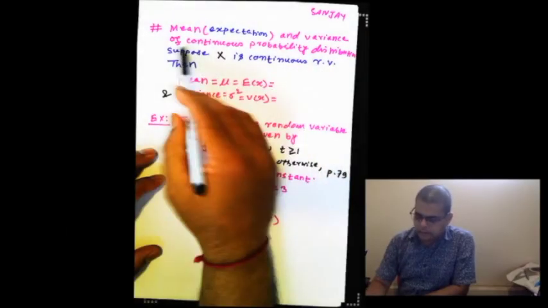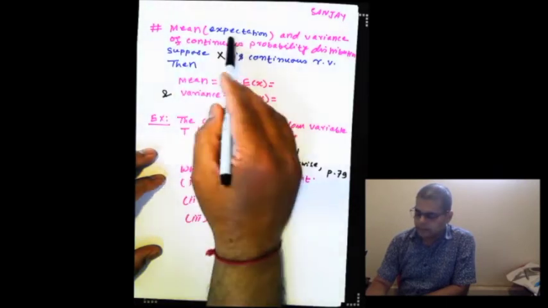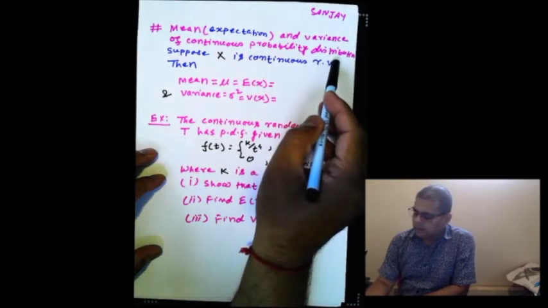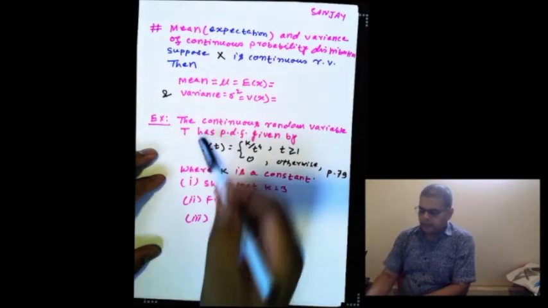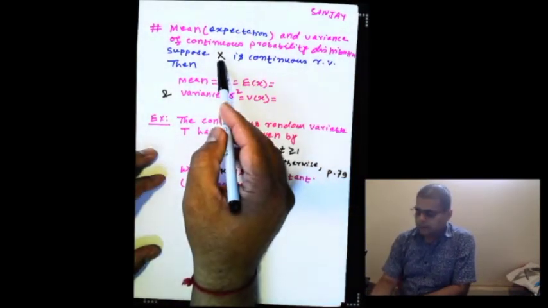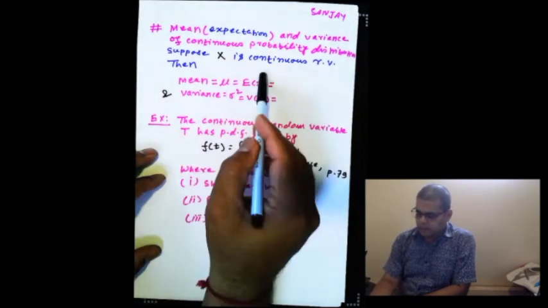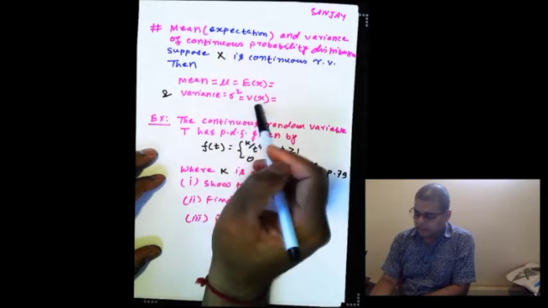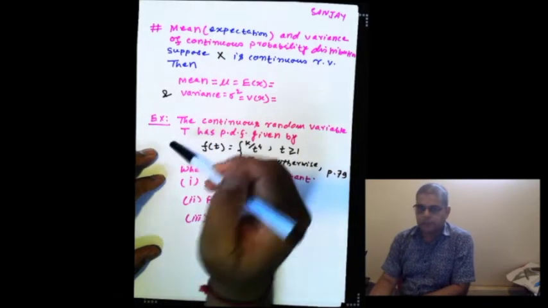We shall now discuss the mean, also called the expectation, and the variance of a continuous probability distribution. Let's suppose that x is the continuous random variable. We have to see how we find E(x) and also V(x), that is the variance of the distribution.